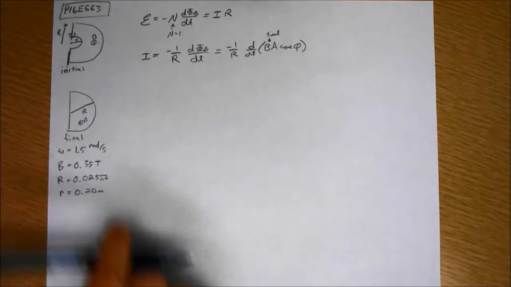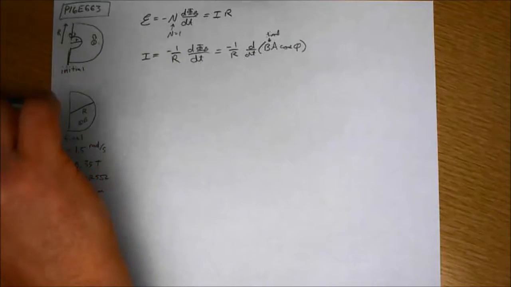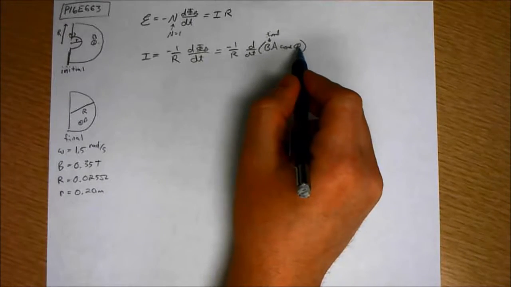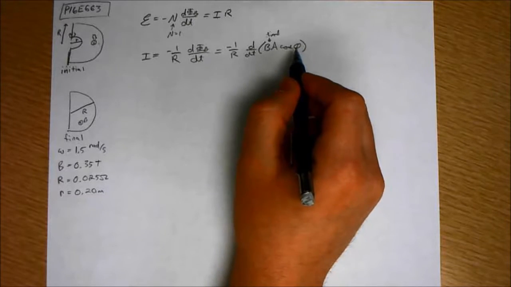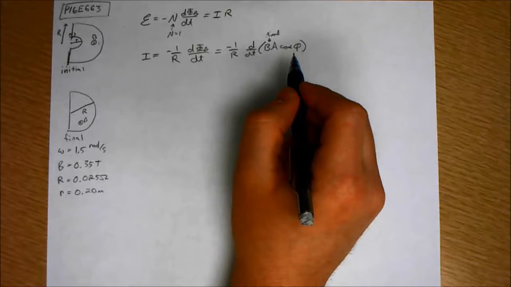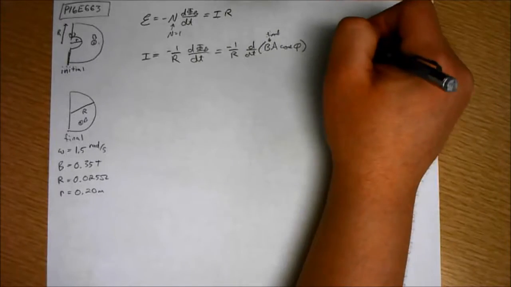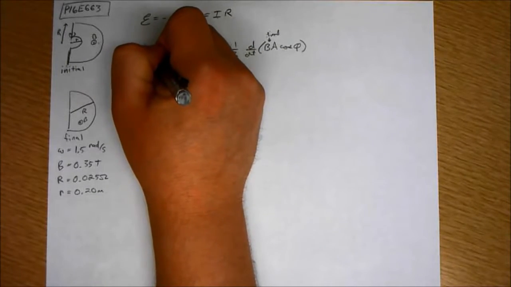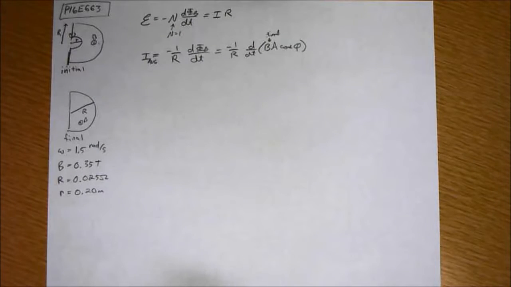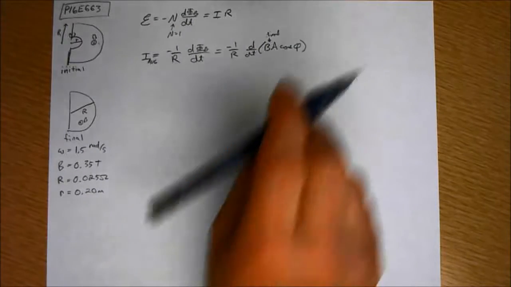Now it seems like something is spinning here, so the orientation is going to change. But the question asks us for the average current. Yes, we could deal with the area, but then you're going to have two fluxes.